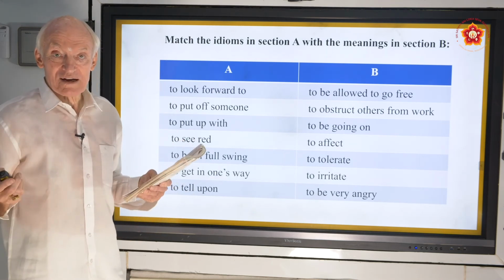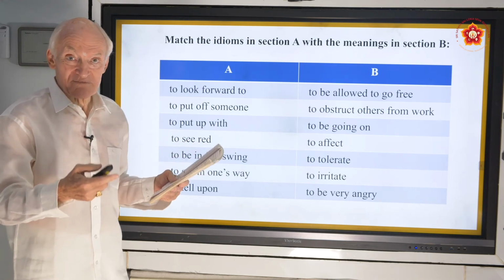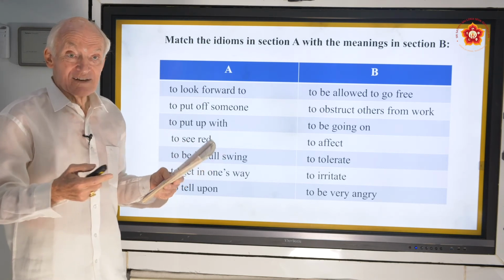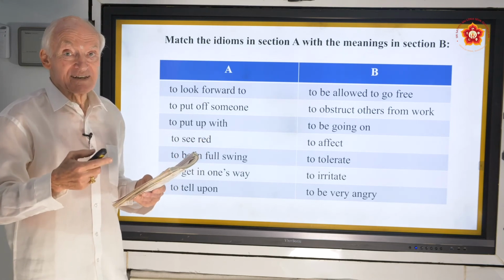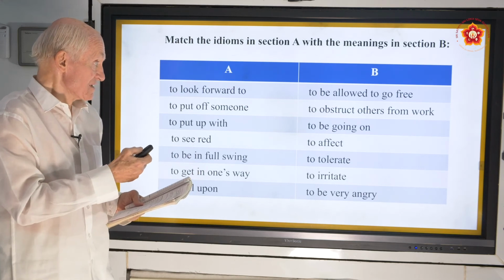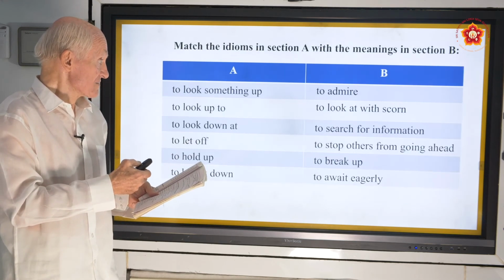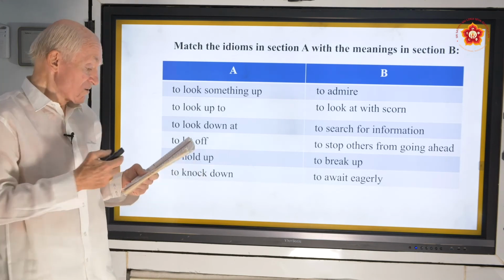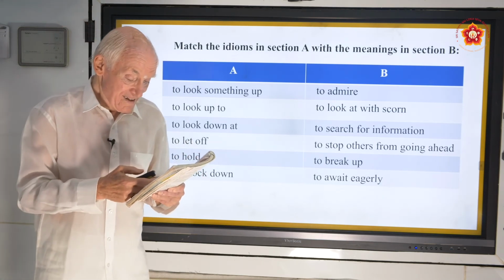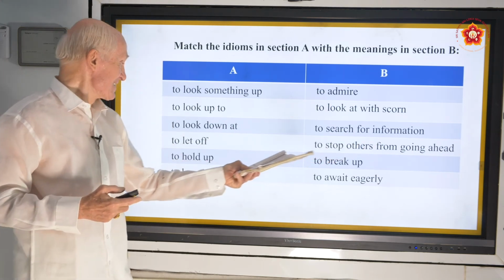Sometimes you'll commit a crime. You'll park your bike in a place that shouldn't be parked, your motorcycle, and the police is going to give you a ticket, and then he says, go away, and he just lets you off. So the correct answer is G, to be let off. To hold up, okay? To hold up is to stop others from going ahead.